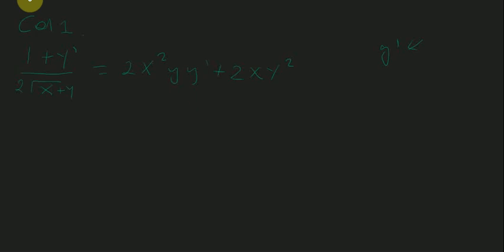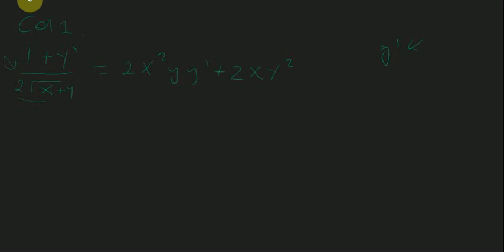Now you have to think: in order to solve this, move this to the other side. In order to do that, you have to cancel. How are you gonna cancel? You just multiply by the same thing.